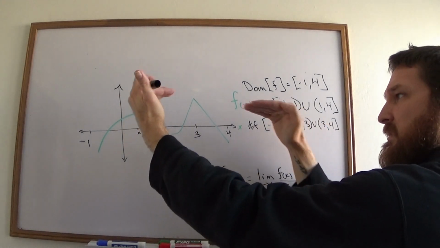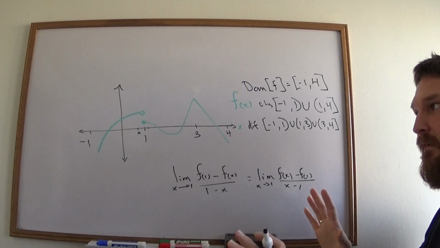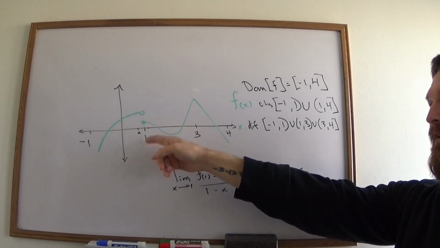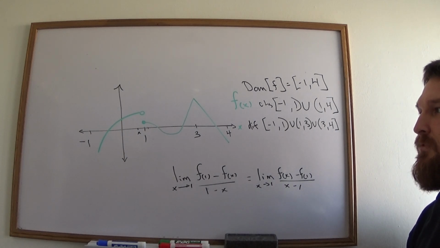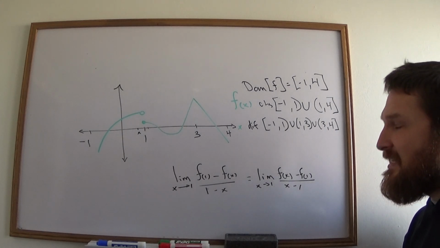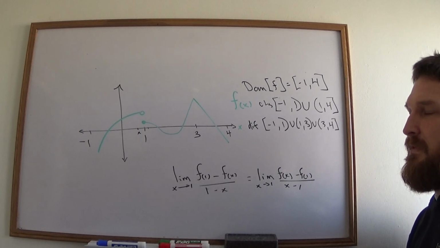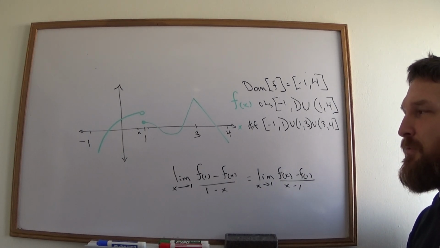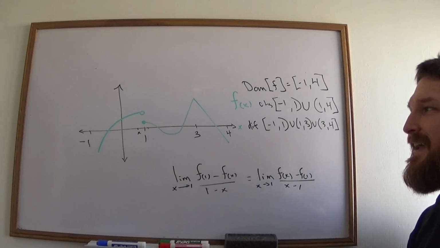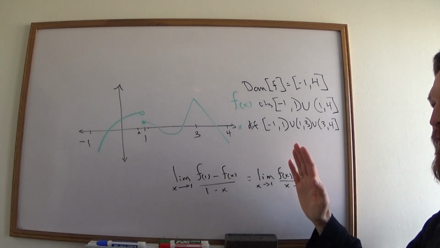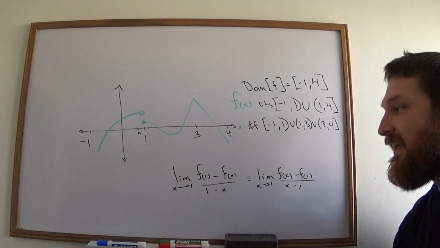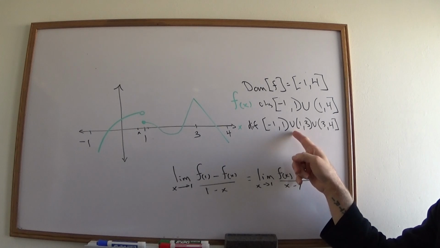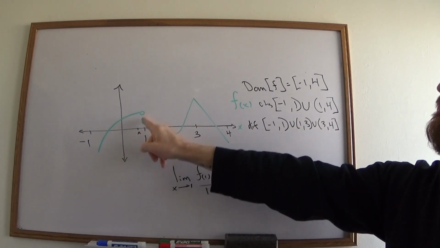Even if they are going to the same place, you cannot be discontinuous and have a derivative there. Just by definition, f has to be continuous for the derivative to exist. It's definitionally so. Even though the derivatives both go to the same place, technically, it is not differentiable there because there's a discontinuity.